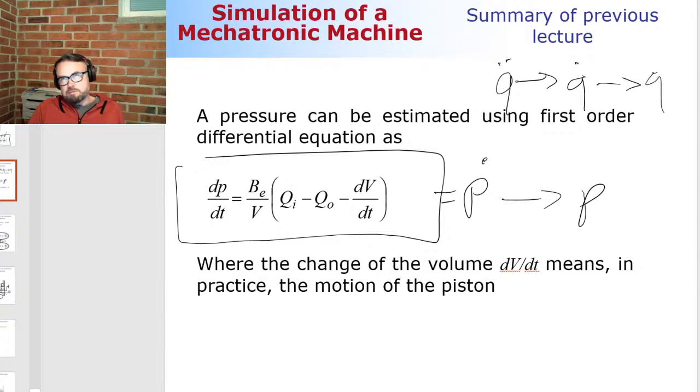The most often used actuator is, of course, the hydraulic cylinder. There may be a motor too, but the information you need is definitely pressure.